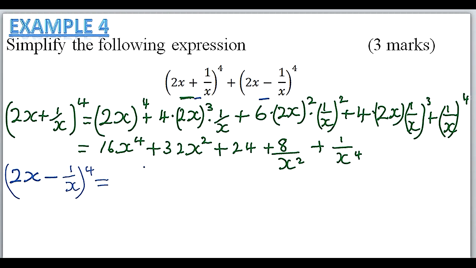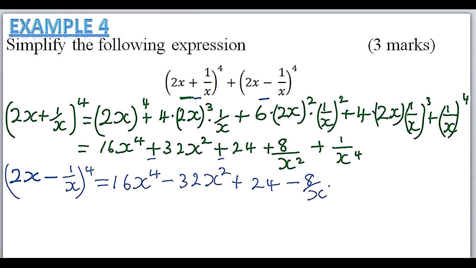So we only interchange the sign. So this will give us 16x to power 4. Now here we have minus 32x squared. Then we have plus 24. Then we have minus 8 divided by x squared, plus 1 over x to power 4.